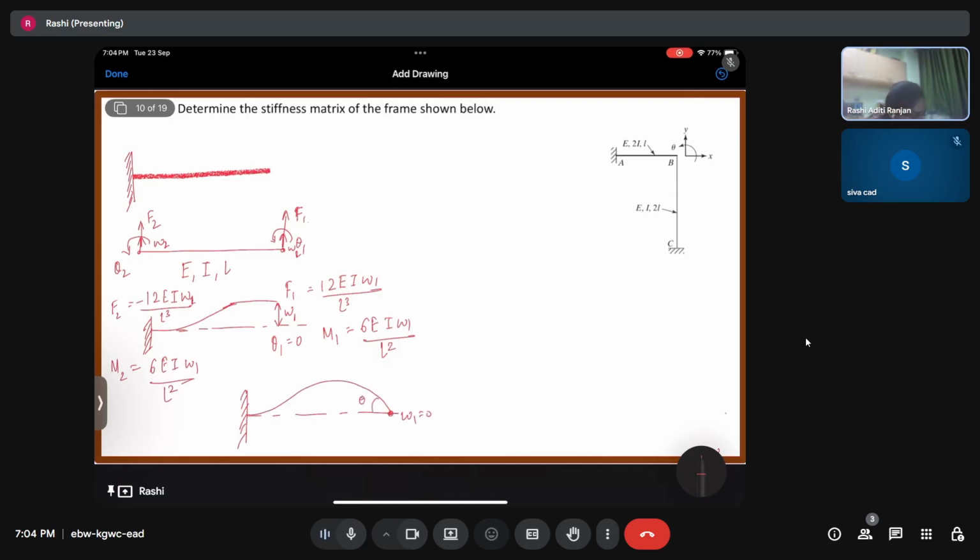In this case again F1 is going to have a value of 6 EI theta 1 by L square. F2 is going to be minus of 6 EI theta 1 by L square. M1 is going to be 4 EI theta 1 by L. M2 is going to be 2 EI theta 1 by L. So this is known to us.